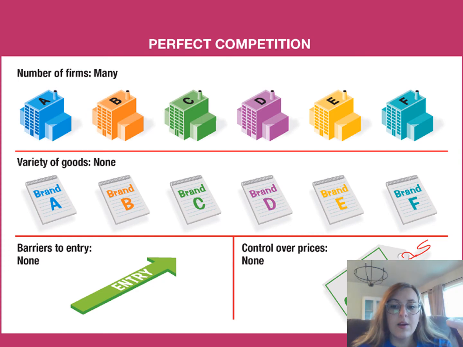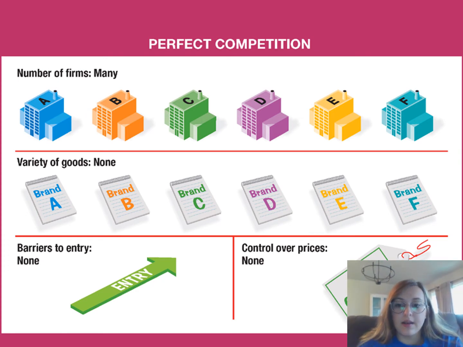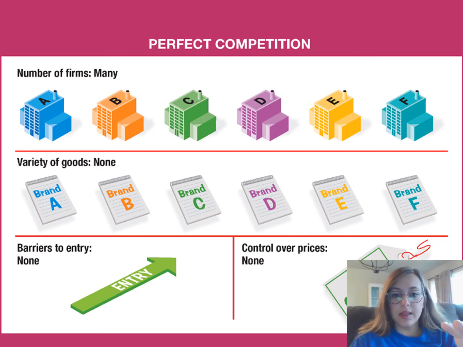We'll talk a little more about that in class, but these are the 4 things we're going to look at in each market structure. So in perfect competition, we have many firms, no variety of goods, no barriers to entry, and that results in really no control over price.